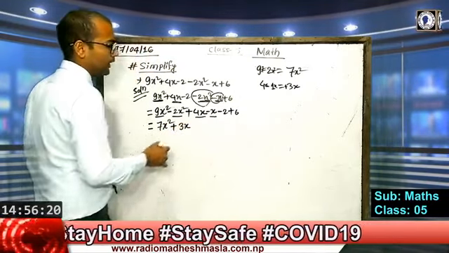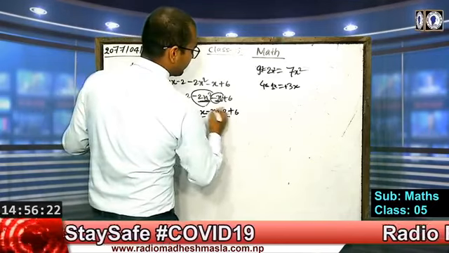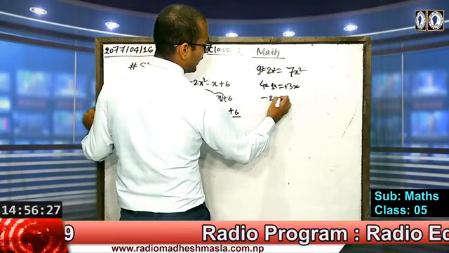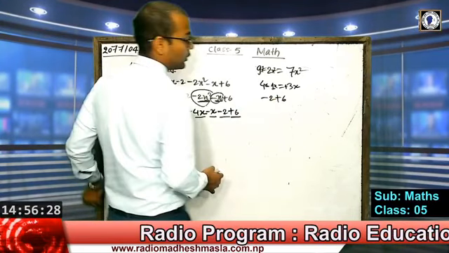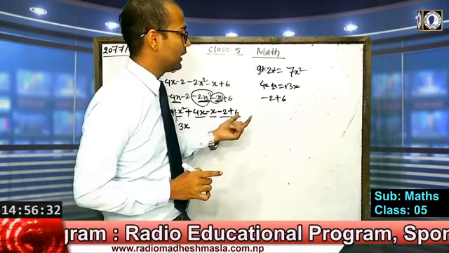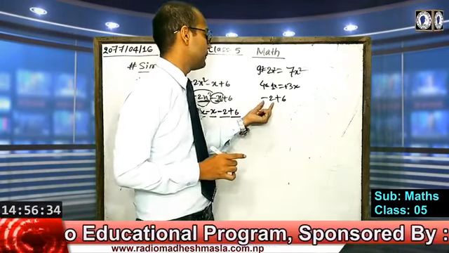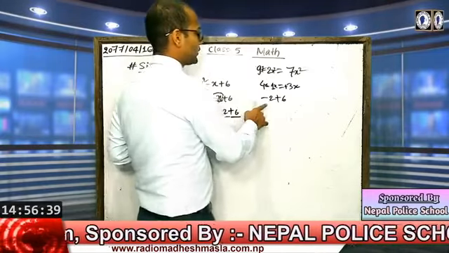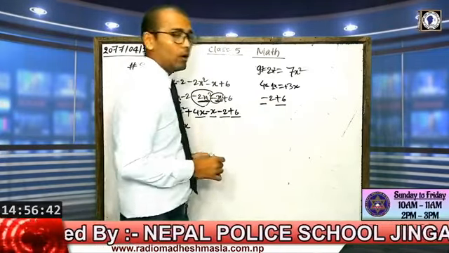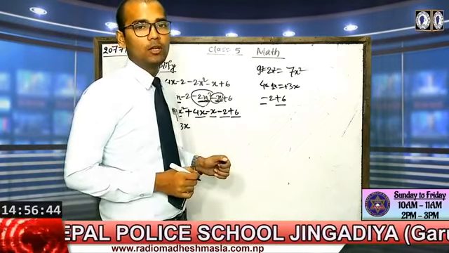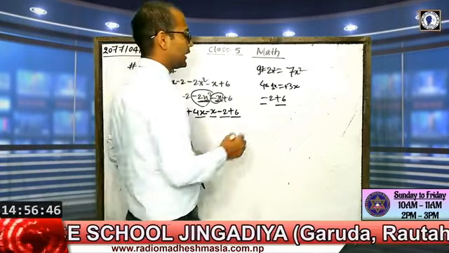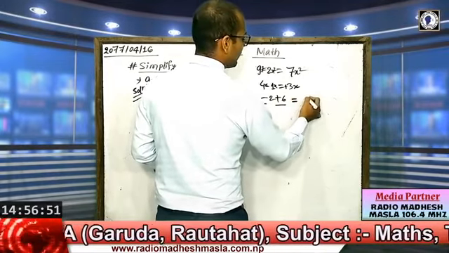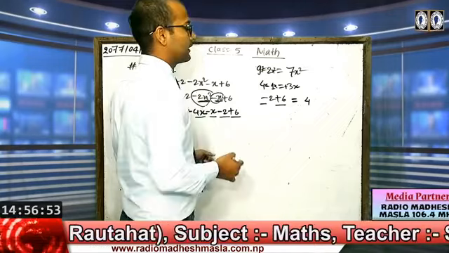In the same way, at last there is minus 2 and plus 6. Remember the sign rule we learned a minute ago: if two different signs are given, we subtract the numbers. So 6 minus 2 is equal to 4, and we should write the sign of the greater number.